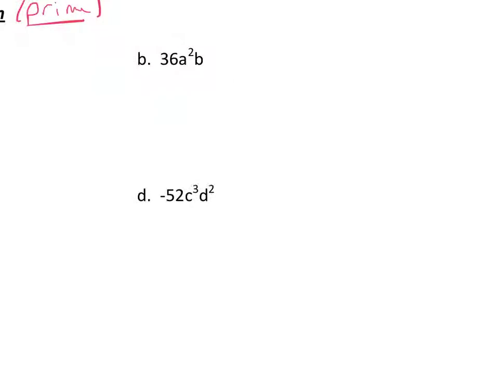Okay, so our next one, we have 36, which we know 2 goes into, and it goes into it 18 times. 2 goes into 18 9 times, and 3 goes into 9 3 times. Now I like to call this hockey stick when we do factor tree like this.